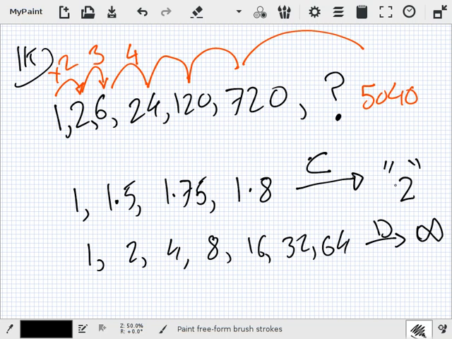Yeah, but it doesn't go past 2. It's approaching 2. It's trying to get to 2. Yeah, I get what you're saying. They're both getting bigger, but you can appreciate that the second one is radically different to the first.